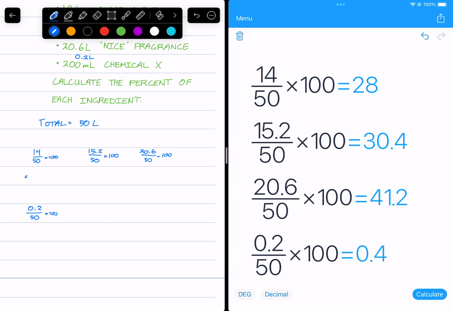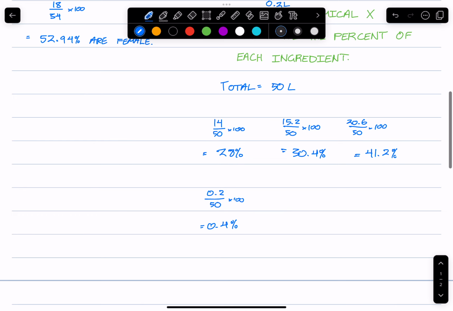The first one is 28%, 30.4%, 41.2%, and 0.4% of chemical X.